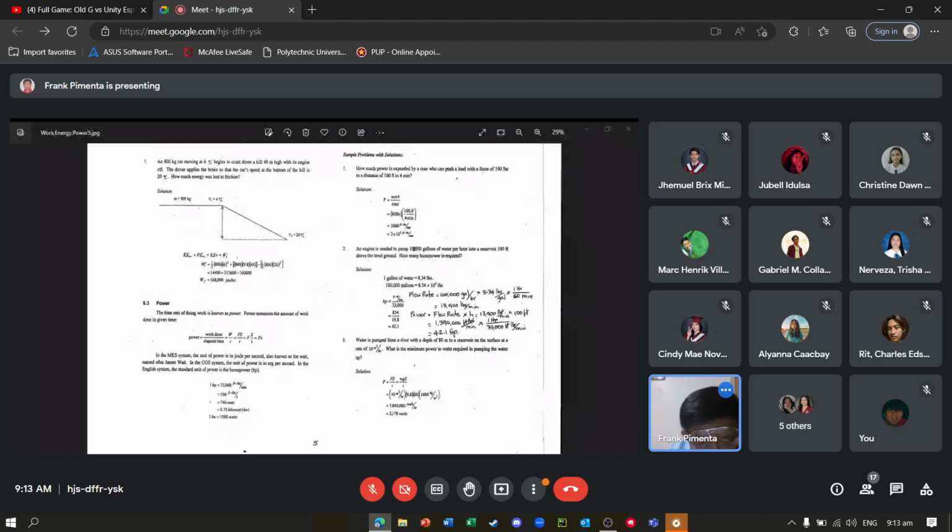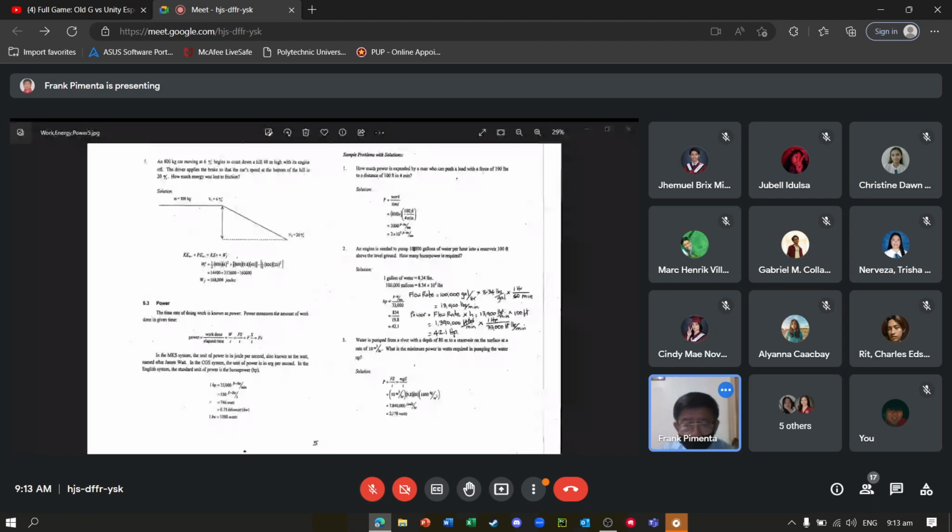Again, the formulas that we will use in this lesson on work, energy, and power. The first formula is work equals F times S. Kinetic energy is 1/2 mv squared. Potential energy is mgh. Power may be W over T, or Fs over T, or F times V. Yan ang mga general formulas we have covered in work, energy, and power.